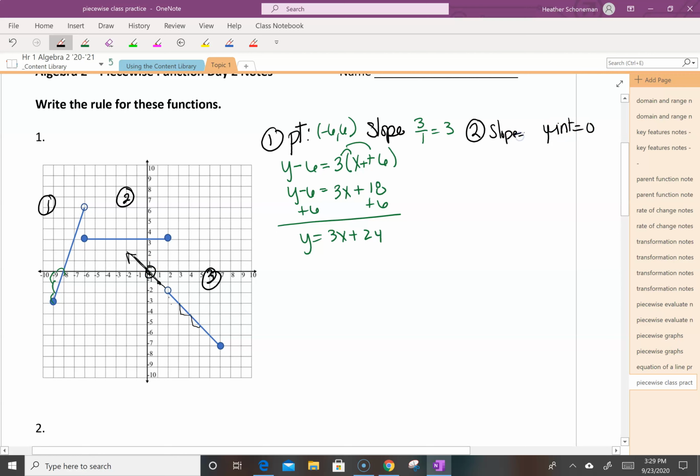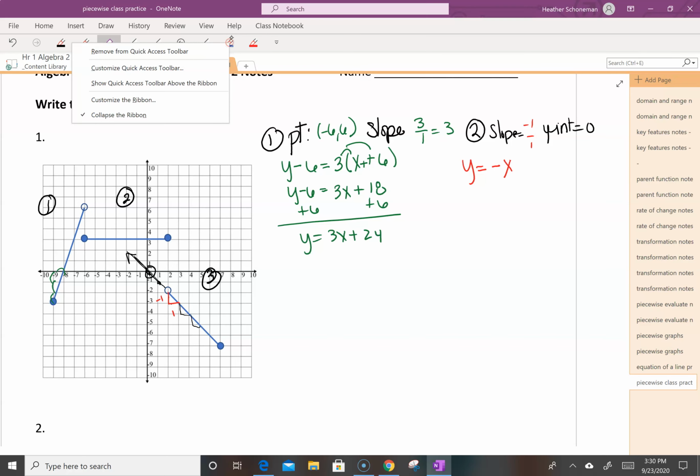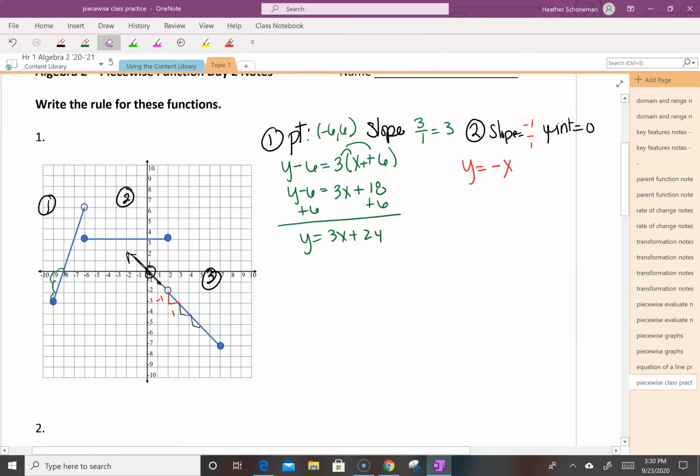The slope, okay, well we just counted it. We can see it again, left to right. So we're going to go down 1, right 1. So it's negative 1 over 1. So I'm writing my equation, y equals mx plus b. My slope is negative 1x, so negative x. I could write plus 0, but that's not at all necessary. There's my equation. Okay, now let's write my piecewise function.